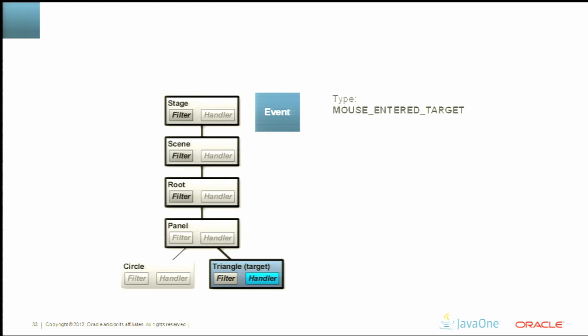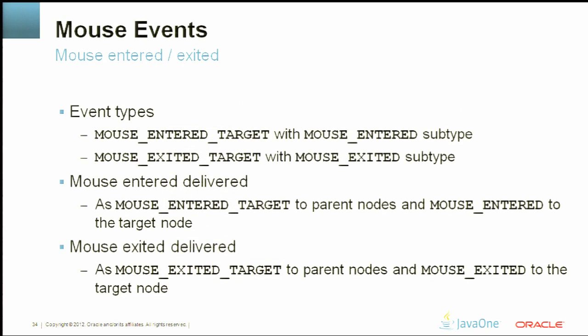Mouse entered is actually a subclass of mouse entered target. This means that when you register an event handler for mouse entered target, it will still get called for these mouse entered events. When you register an event handler only for mouse entered, you will get it only for the nodes on which you registered it. This is basically what you wanted to achieve most of the time.